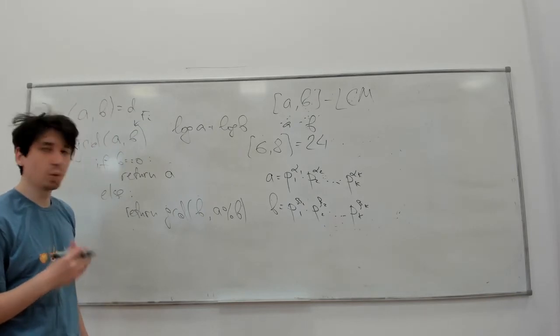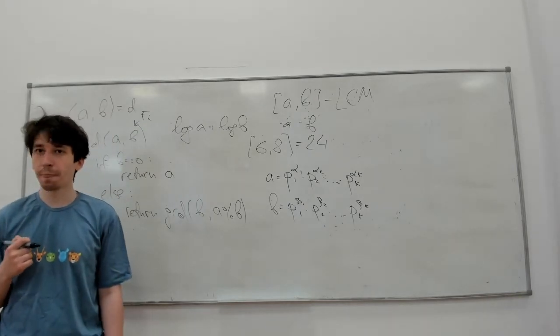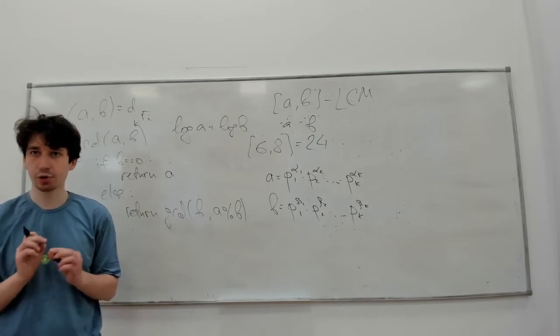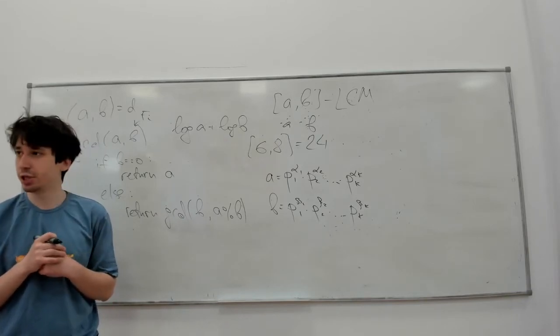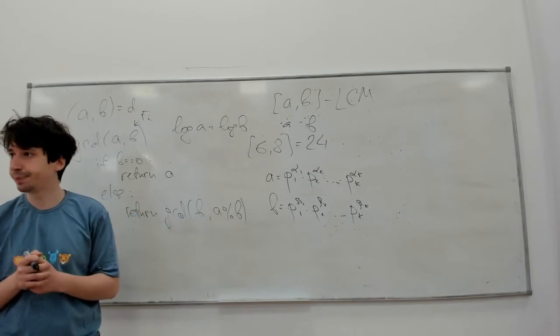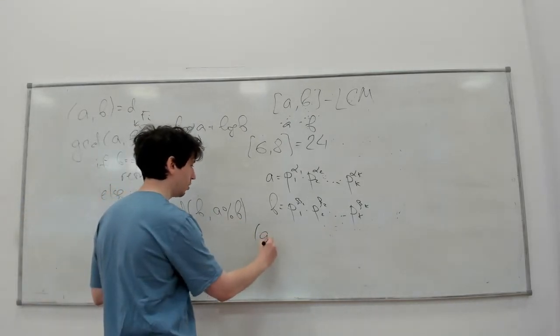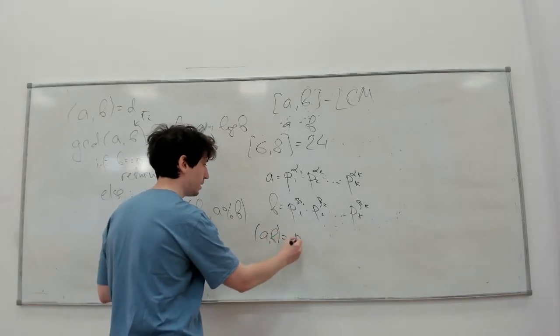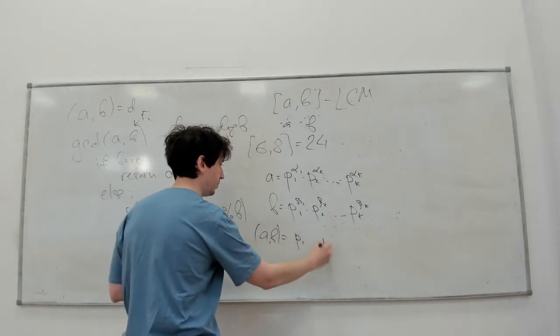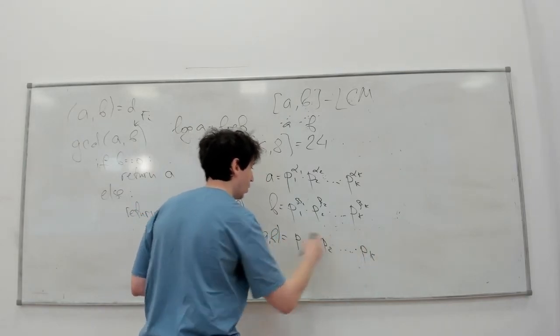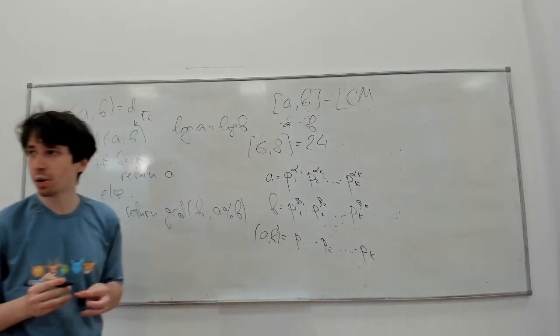Great. So we want to find the GCD. Right now we were talking a little bit about how we can represent the GCD out of these prime numbers. So the GCD of A and B is equal to, let's say, P1 times P2 times etc. times Pk. What should I write as the power?